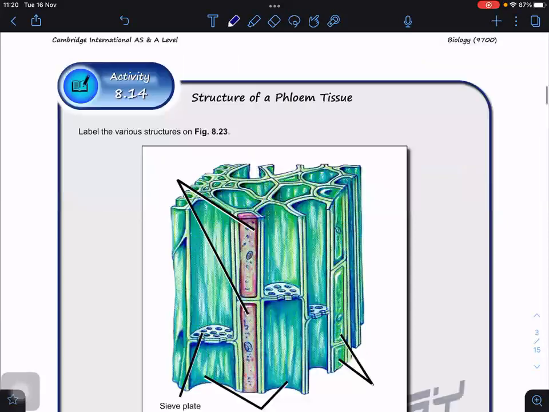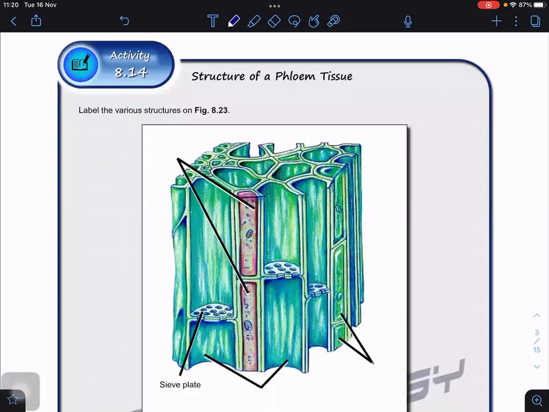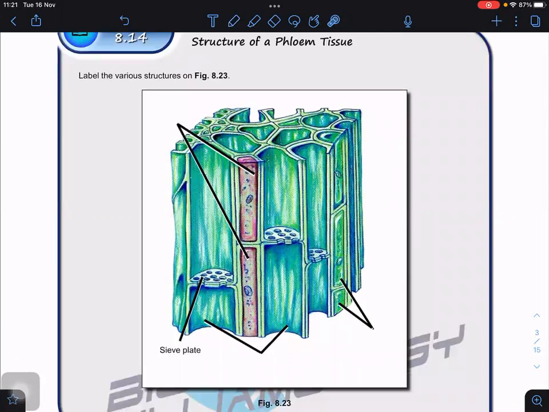If you look at the structure of the phloem tissue, you can see the sieve plate and the perforations, so we know that these two must be the phloem sieve tube elements. Now we have another two cells here. They are living cells with a nucleus. One is a little darker in stain because of the accumulation of assimilate, so these cells are called companion cells.